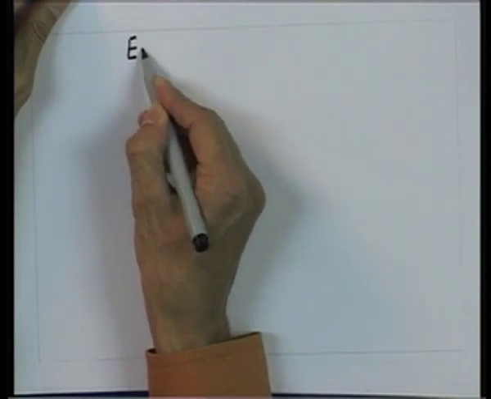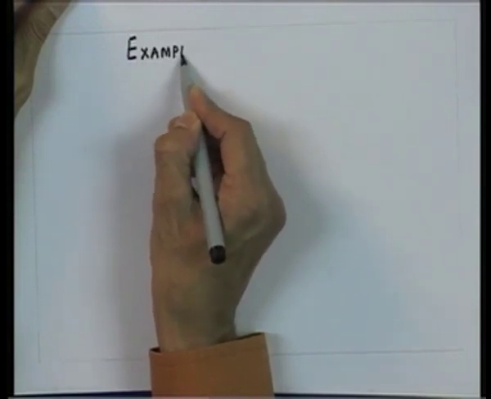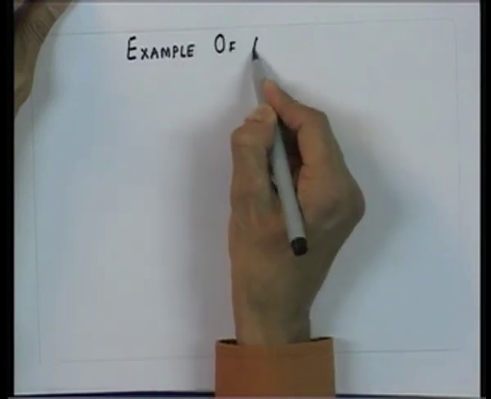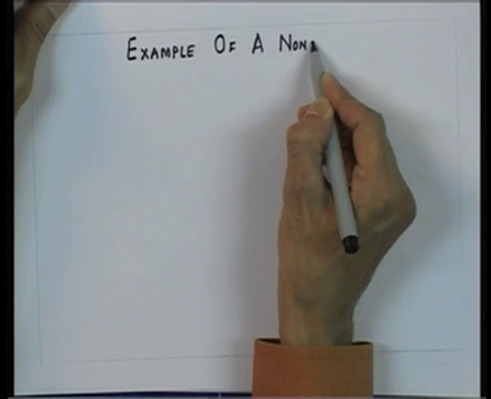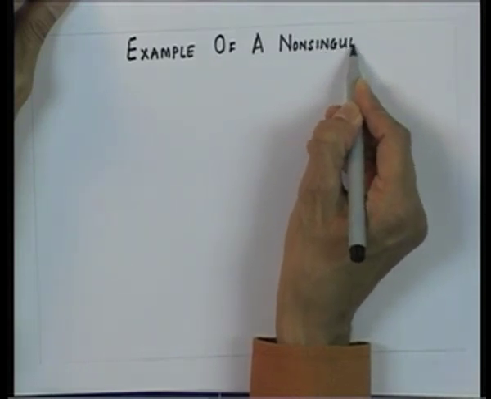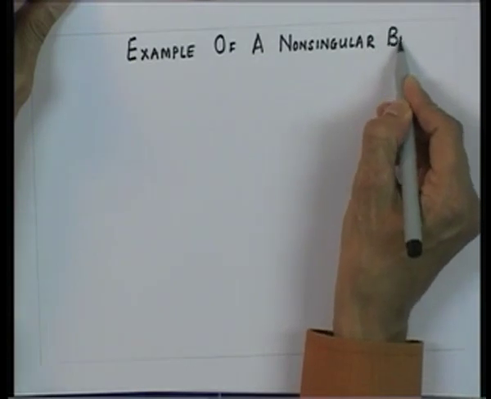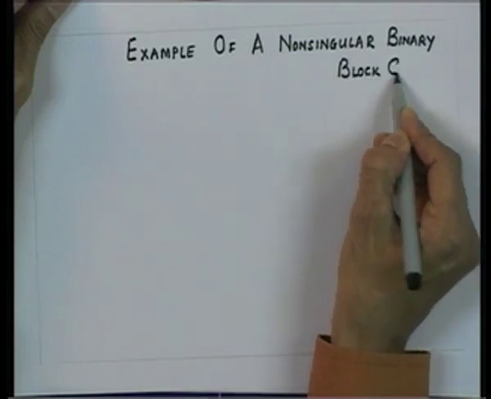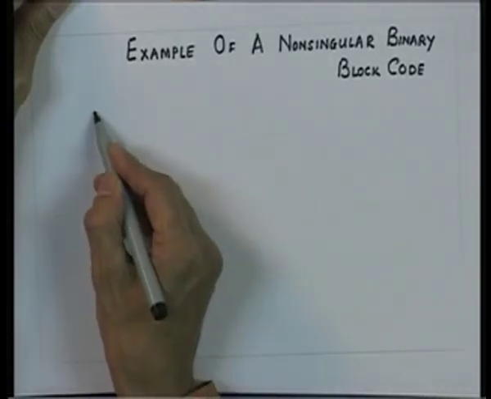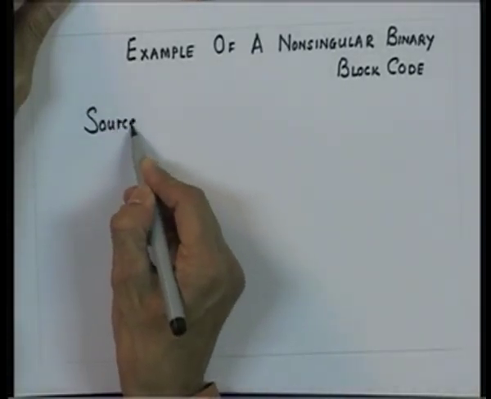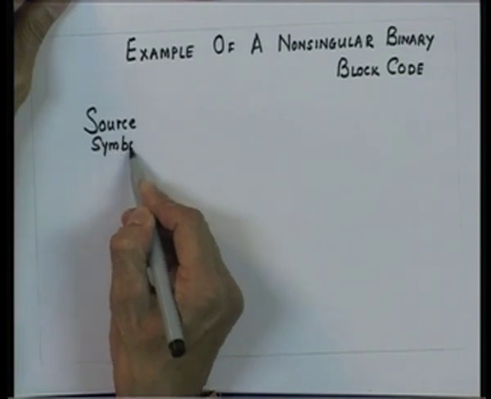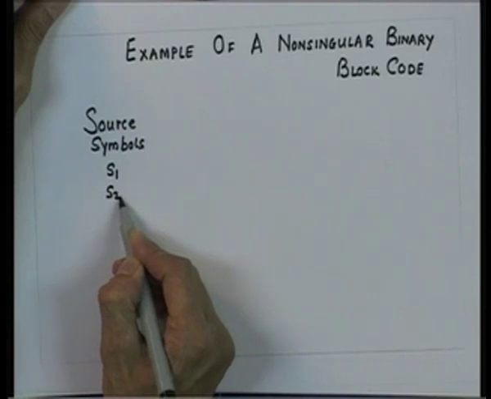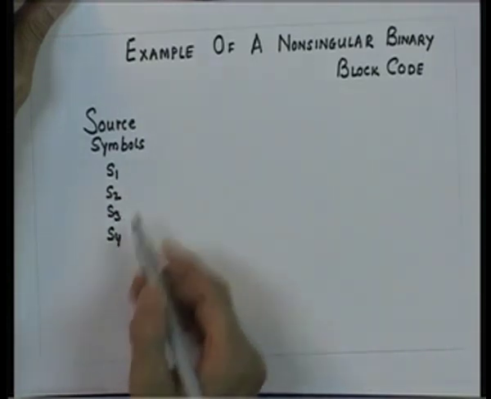An example of such a non-singular block code would be, let me again consider source symbols S1, S2, S3, S4.